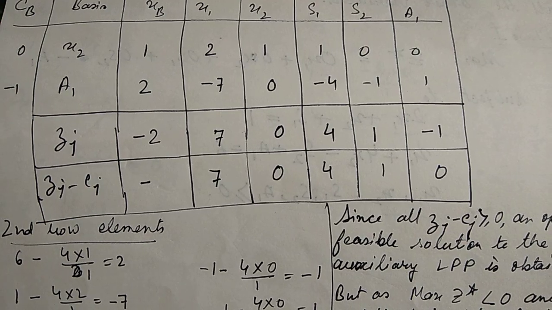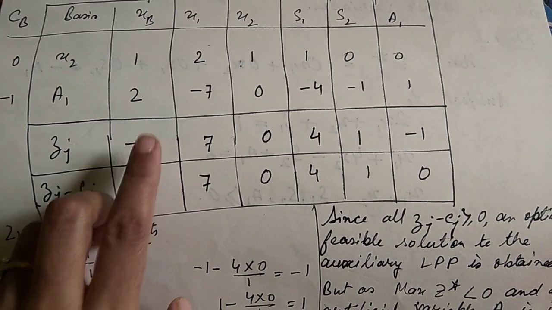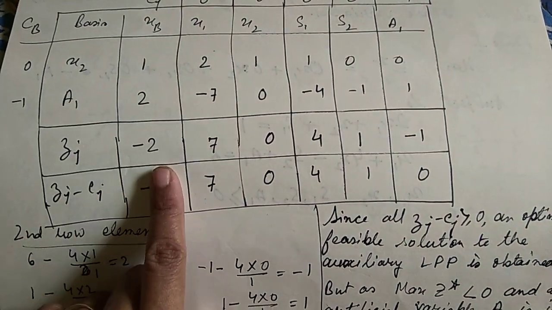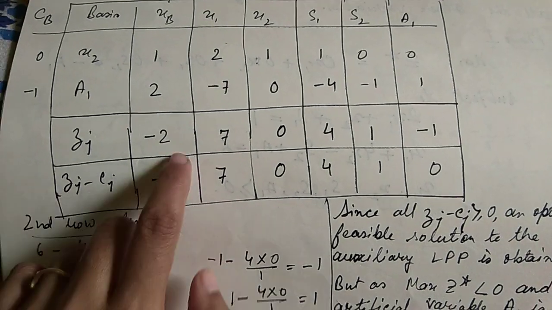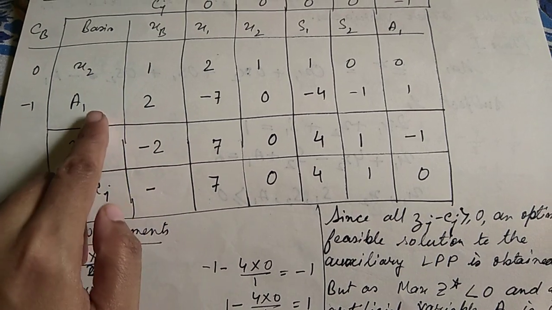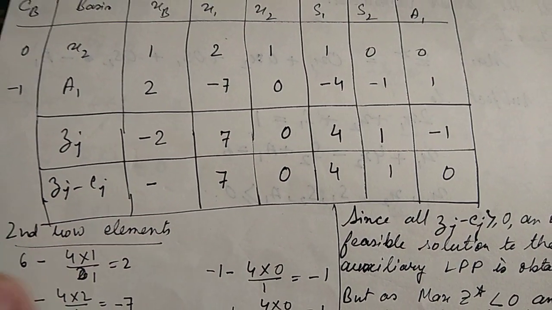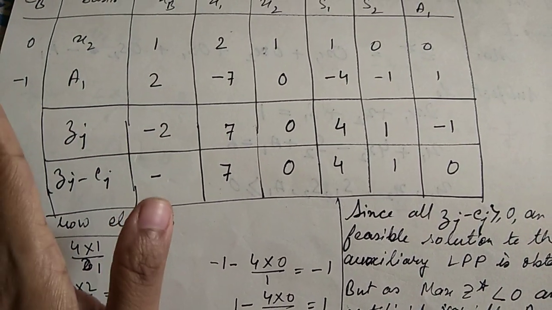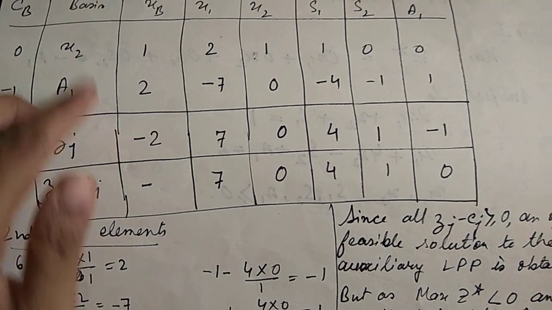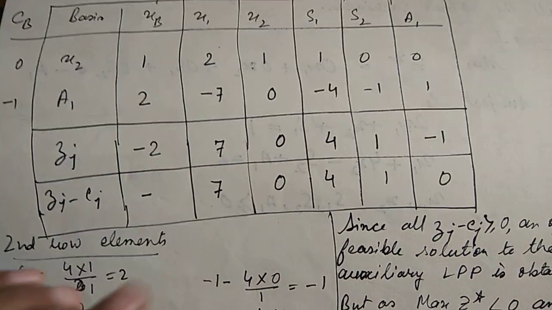What are the two conditions? First, the value of max z star will be negative. Under the xb column, whatever values are there, they are the solution part. So if the value is negative and one of the artificial variables, there was only one artificial variable in this sum, is in the basis column with a positive value, then you cannot proceed further.